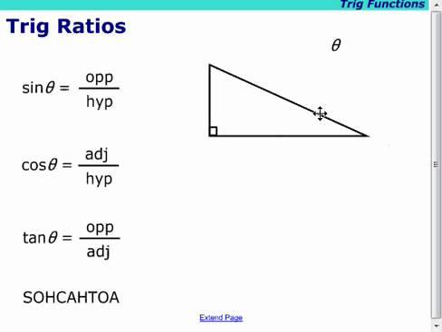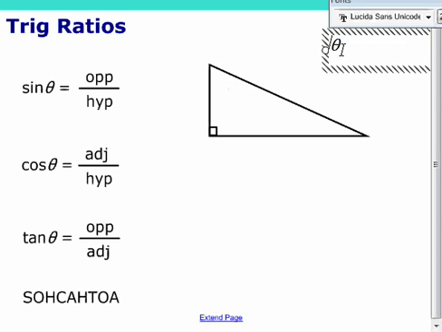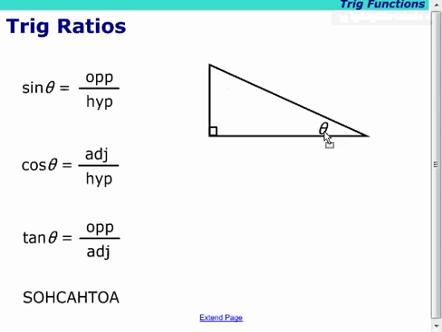Now, one of the things you've also seen in the past is that there's certain ratios or relationships between the sides of a right triangle. The sine ratio, for example, relates the opposite side to the hypotenuse. So if I'm looking at that angle there, the sine ratio relates this opposite side to the hypotenuse.